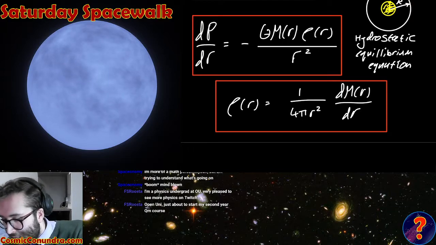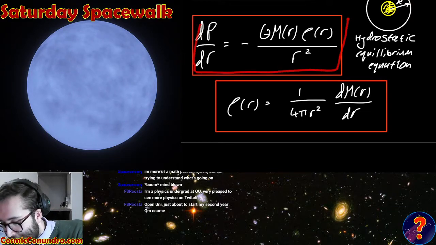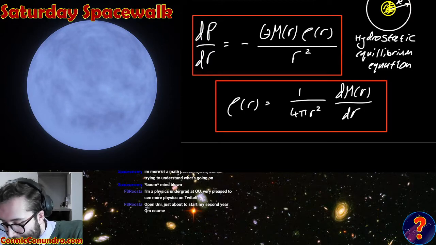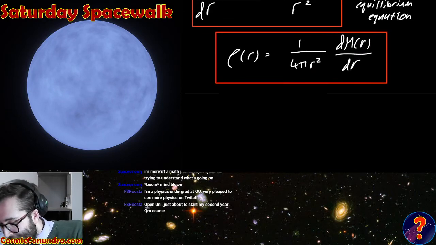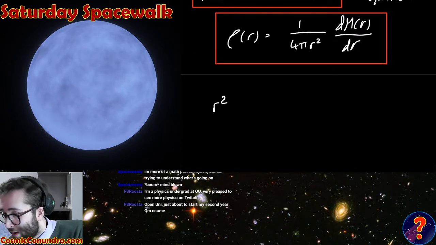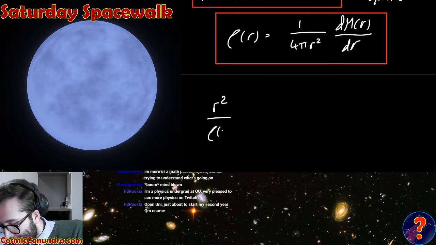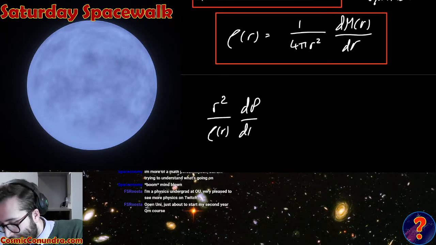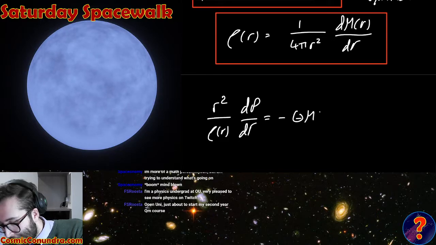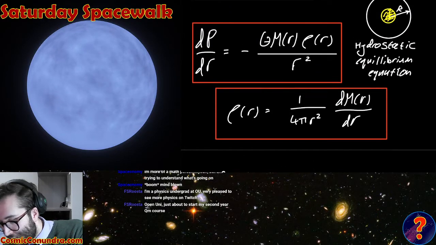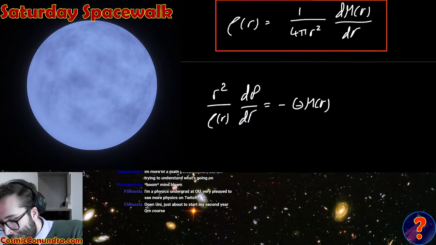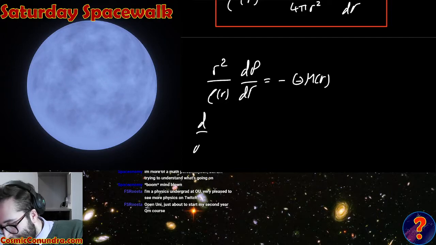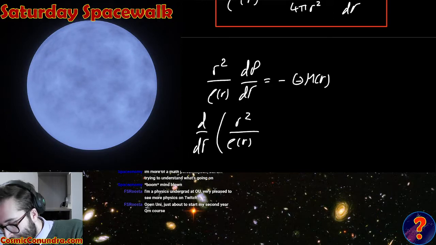The way we go about doing this is, if I take the hydrostatic equilibrium equation and multiply it by r squared over rho, I now have this. Just from dividing by rho and multiplying by r squared. And now I can differentiate both sides of this with respect to r. Why do I do that?